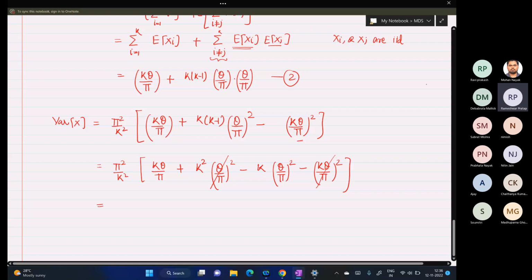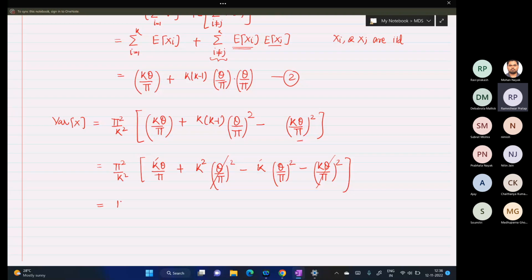And we can take k outside, common from both of these terms. So this is pi square by k square into k. So this is theta by pi. This is theta by pi whole square.